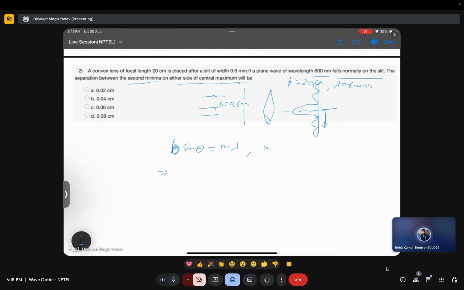And here m is 2, so sine theta is 2 lambda by b.